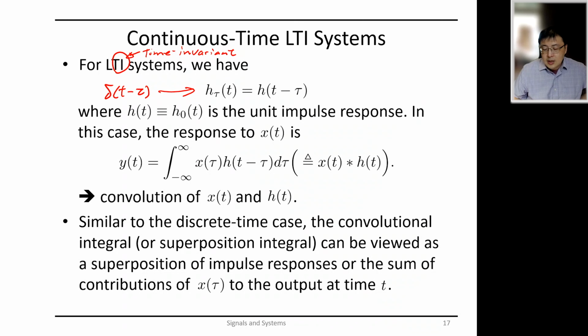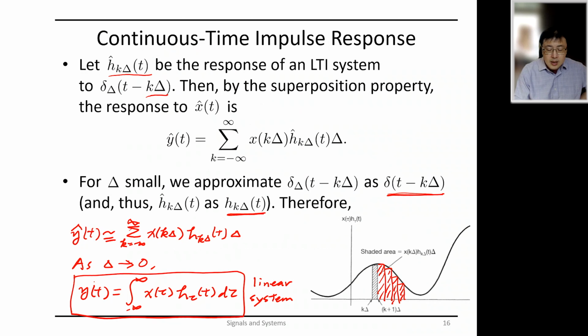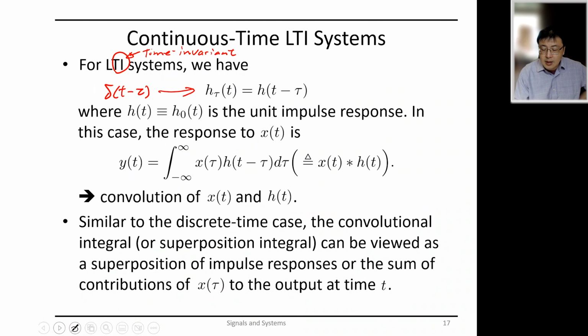If you substitute h of t minus tau into h sub tau of t in the previous slide, then the input-output relation can be written in this integral form. The output y of t is equal to the integral of x of tau times h of t minus tau, and this is conveniently written as x of t, with a star or asterisk, times h of t.